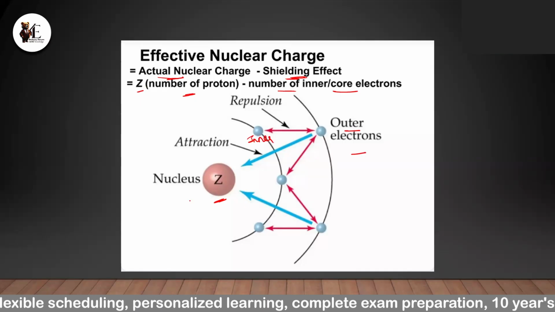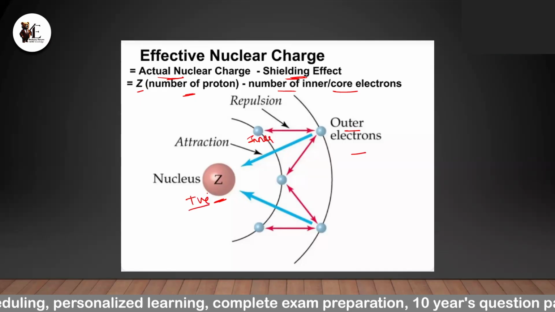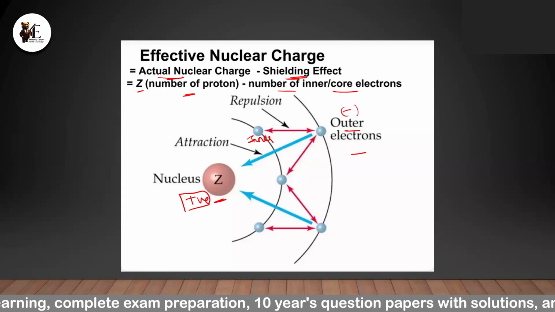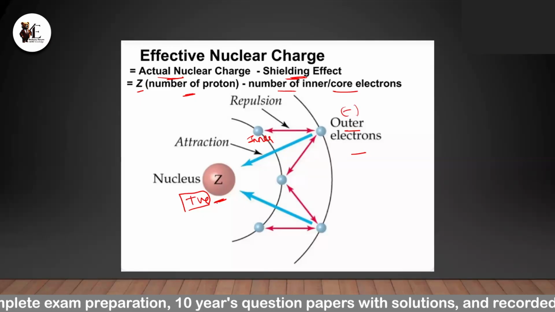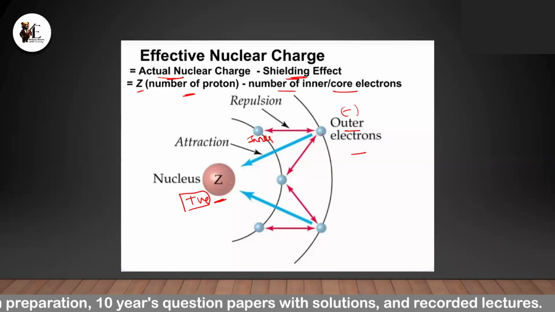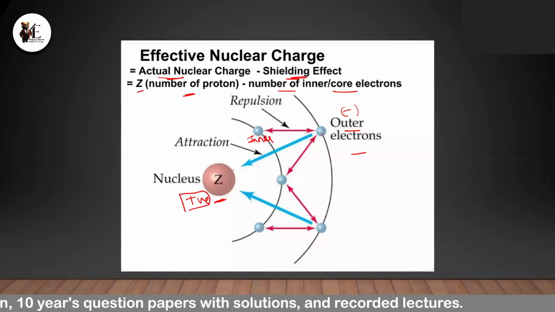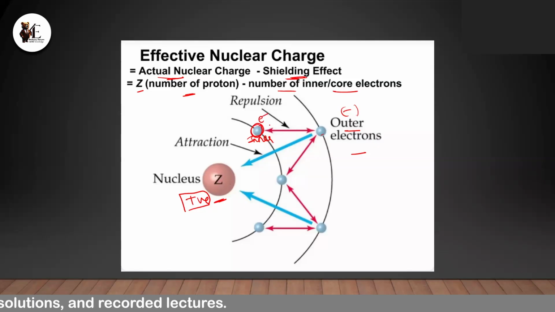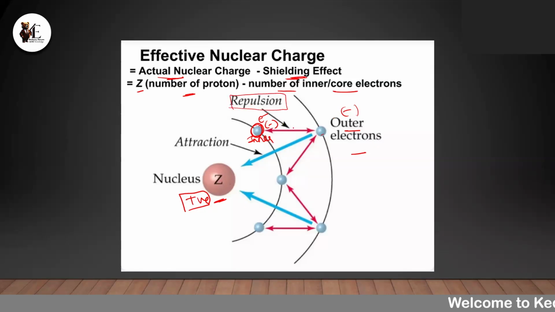The nucleus is positively charged, right? And electrons are negatively charged. So there is an attraction of electrons to this nucleus because positive and negative attract each other. But the inner electrons are also negatively charged, and the outer electrons are also negatively charged, so there occurs a repulsion between these electrons. They tend to repel this outer electron.